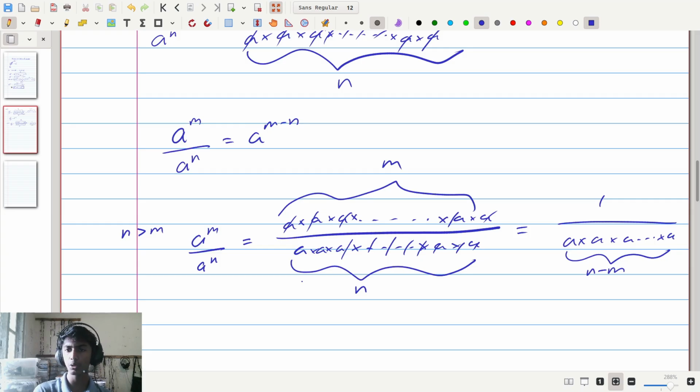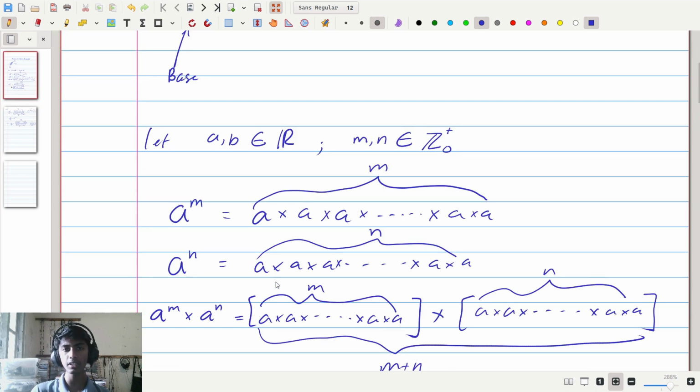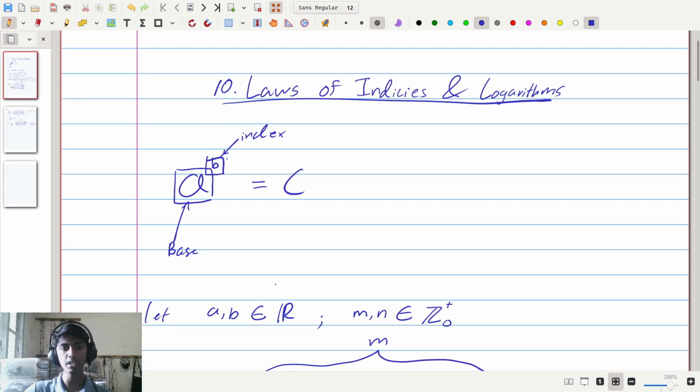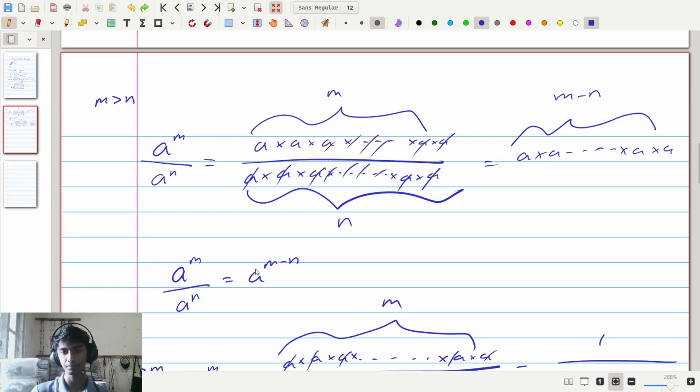What I want to show you is that this is also equivalent to the above result if we allow ourselves to expand the definition of the index. Currently we only considered indexes that are positive integers, but now we are going to have to expand our frontiers and consider indexes being things other than positive integers as well.